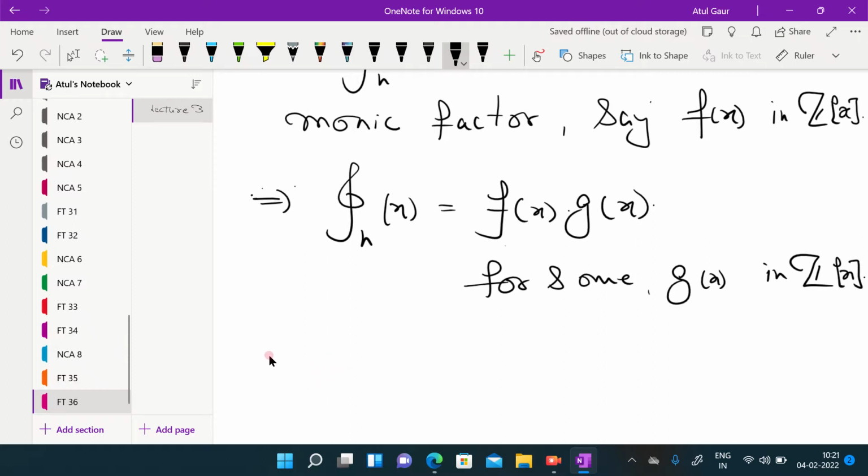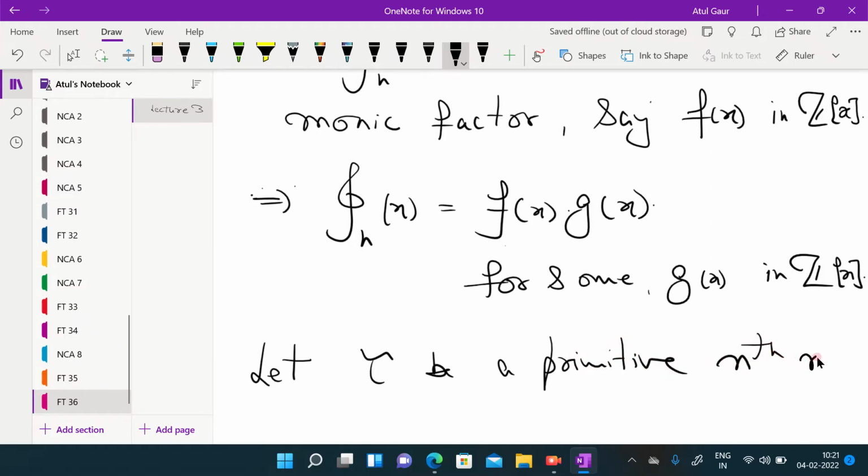So let τ be a primitive nth root of unity such that f(τ) is 0.